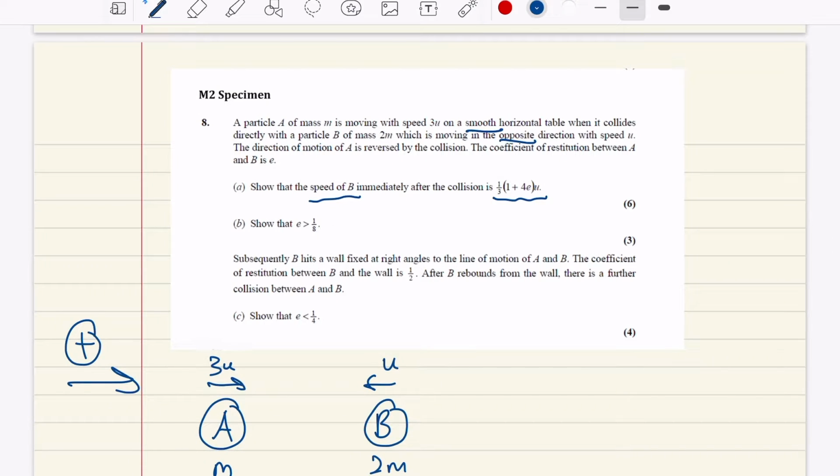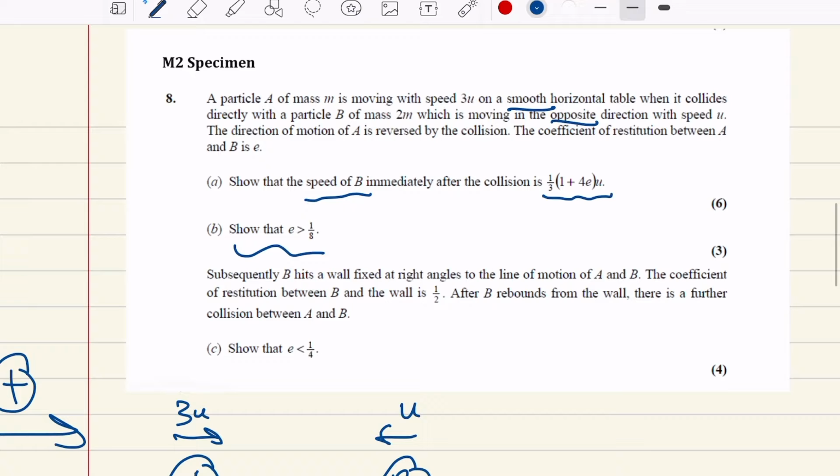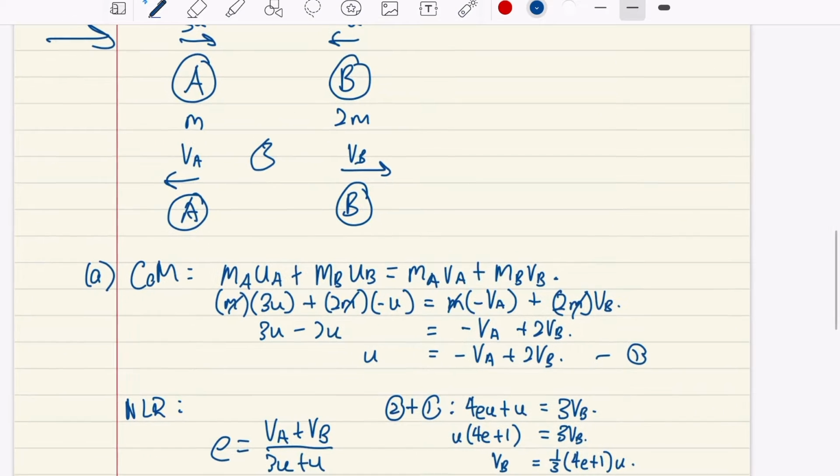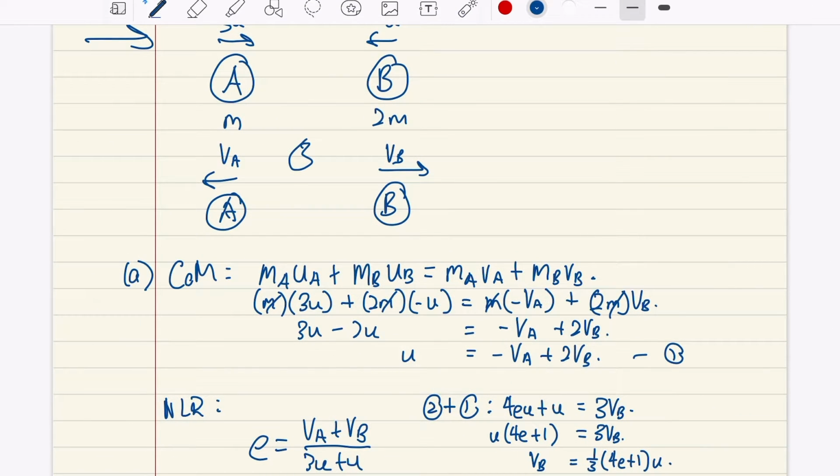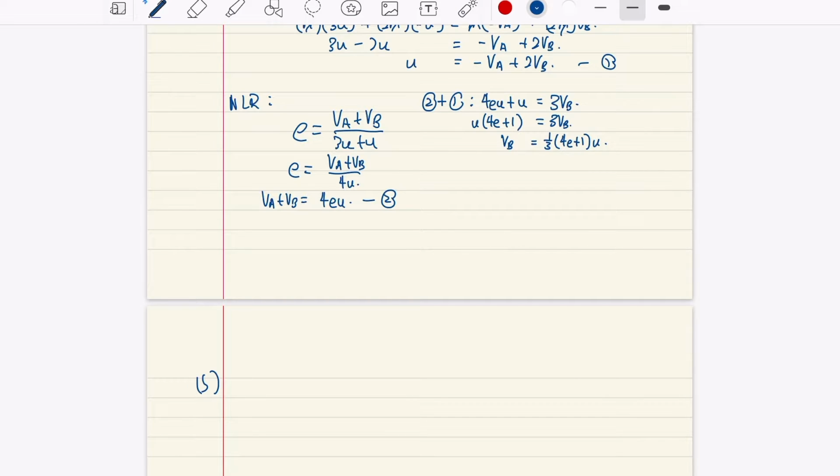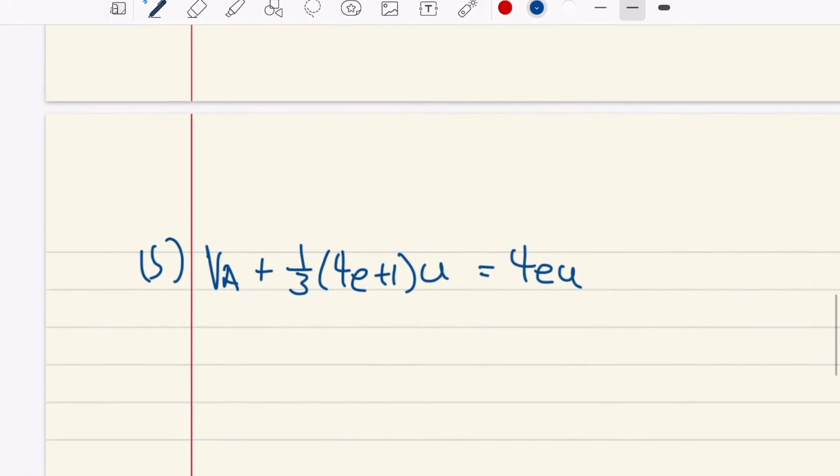For part B, they say show that e is larger than 1/8. Here we need to find VA first. So we can substitute VB into the second equation: VA plus 1/3 (4e + 1) u equals 4eu.